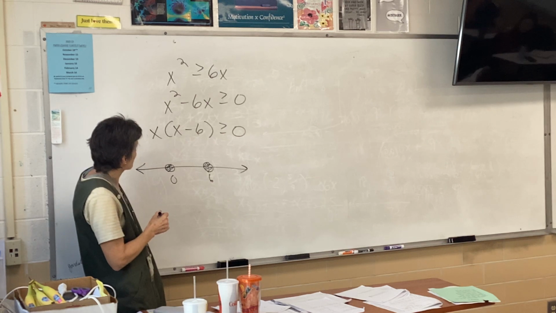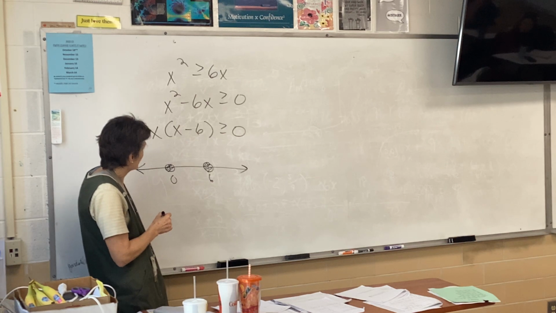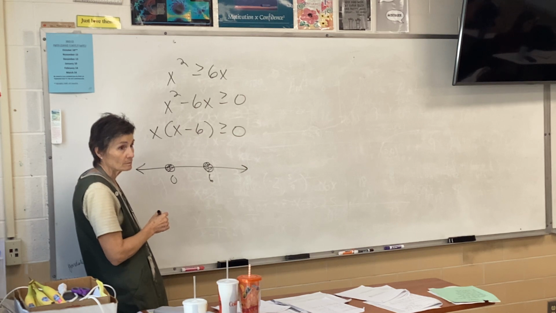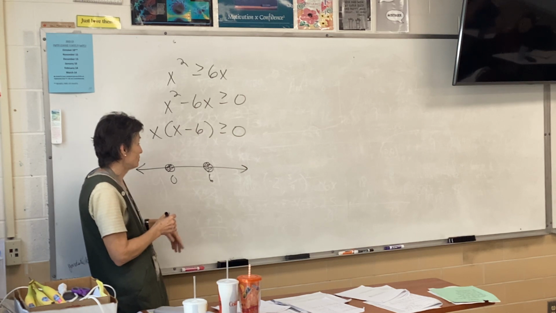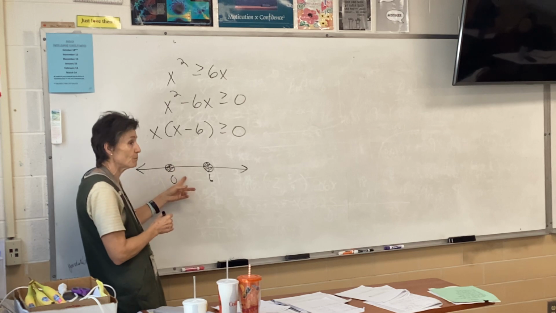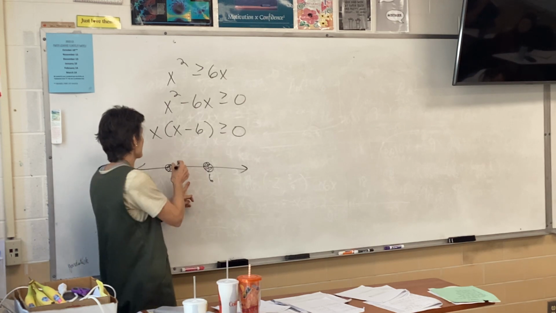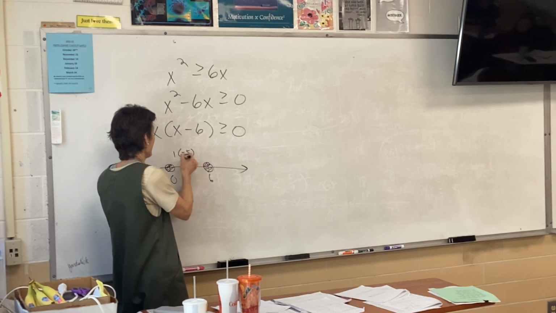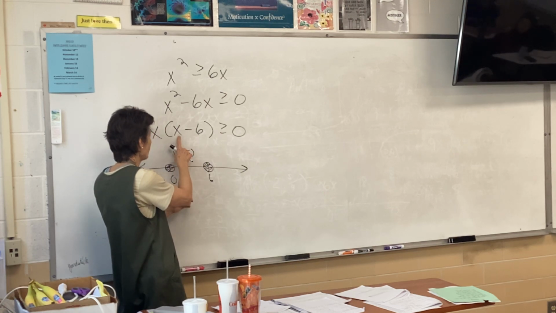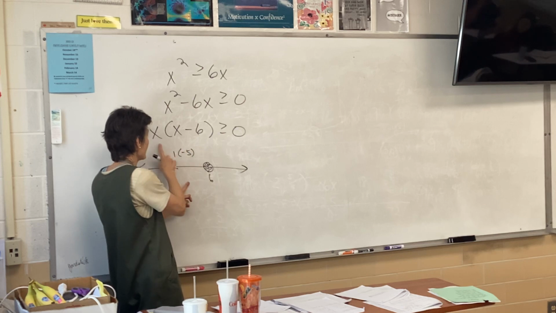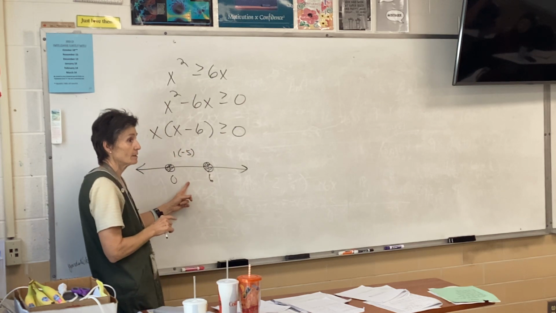Now what? Pick a number. I might do 1. If you do 1, it's in here. So that would be 1 times negative 5. Put in a 1 here and a 1 here. You get 1 times negative 5.